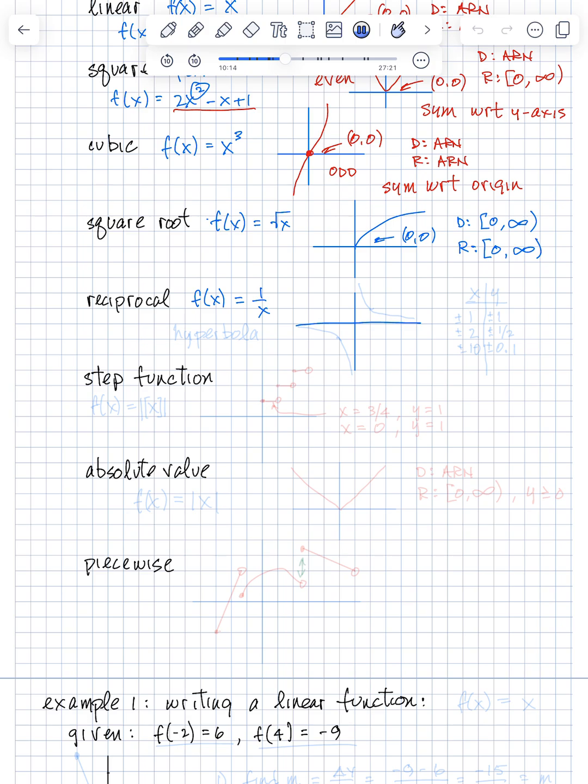so let's just do a quick XY table. So when x is negative, well, let's just start off when x is 1, y is equal to 1 over 1, which is 1.